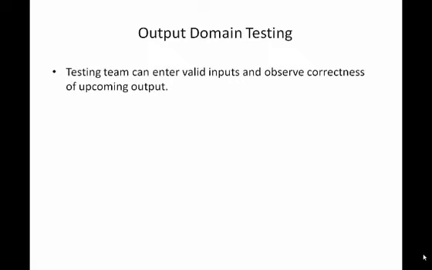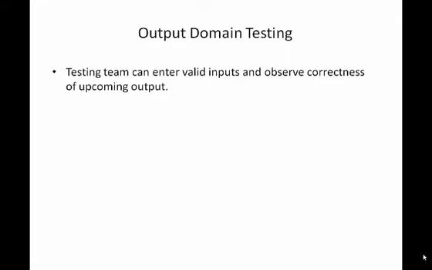Next one is output domain testing. In this, the tester can enter valid inputs and observe the correctness of the output. For example, in a banking application, if we enter a valid username and valid password, it has to show the account details page.